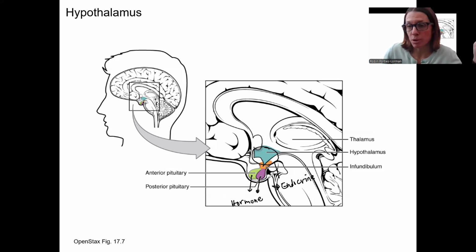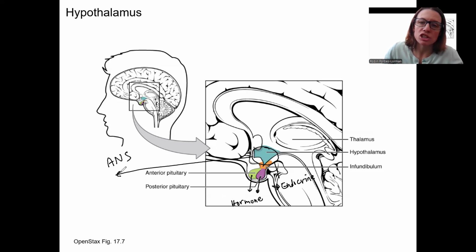It's producing hormones. And just remember, this is not the hypothalamus' only job. We've talked about the hypothalamus and its role in the autonomic nervous system. So it contacts the spinal cord to both result in neural signaling directly onto target tissues, as well as contacting the adrenal medulla, again through the spinal cord.